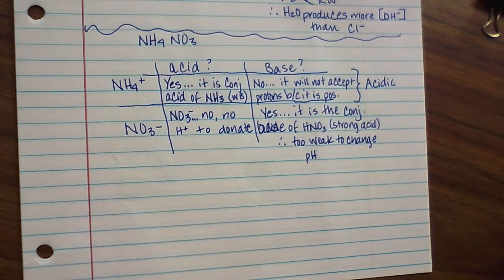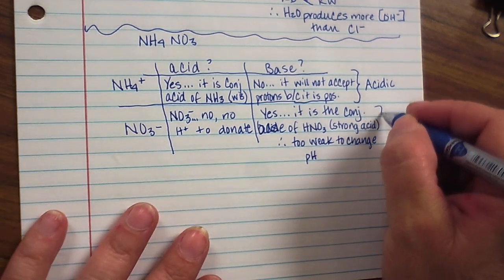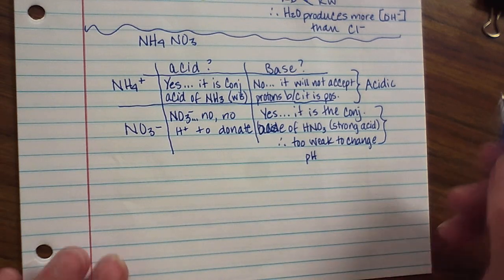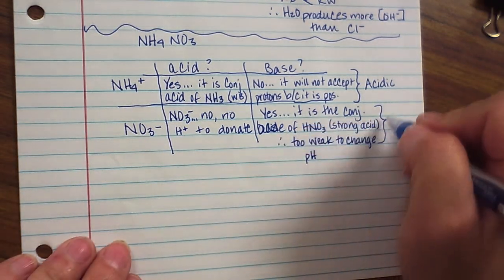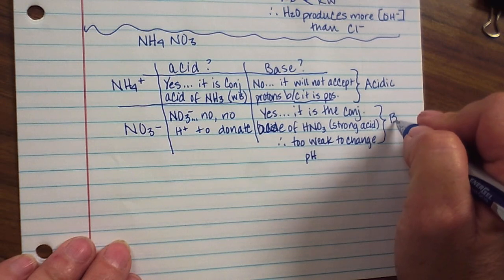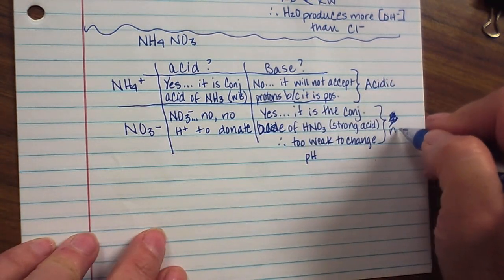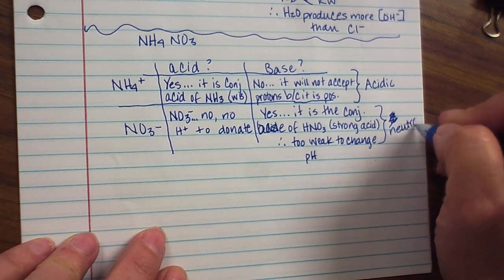Starting to make a little bit of sense? Yeah? Okay. All right. So what's my result? Neutral. Oh, so basic. Oh, no, neutral. Sorry, I saw the S and I was like, no, neutral. Okay.